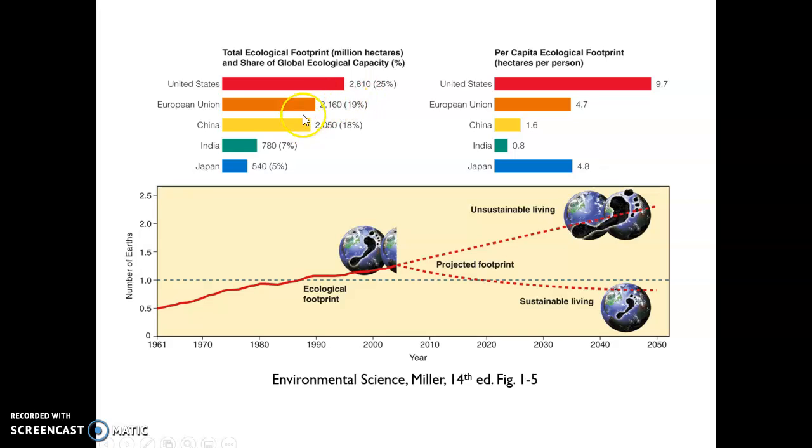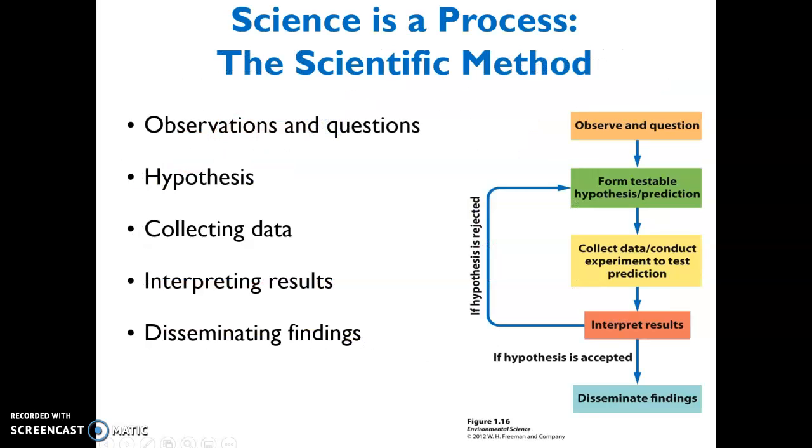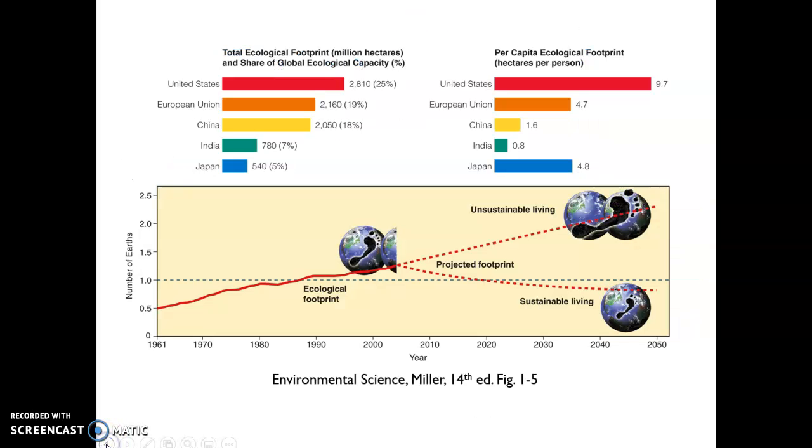But you can see that the European Union has creeped up closer to our numbers, and that's because they have more people in that same area of land, or that same total. China has also moved up significantly. China's population and India's population far exceed the population of the United States.